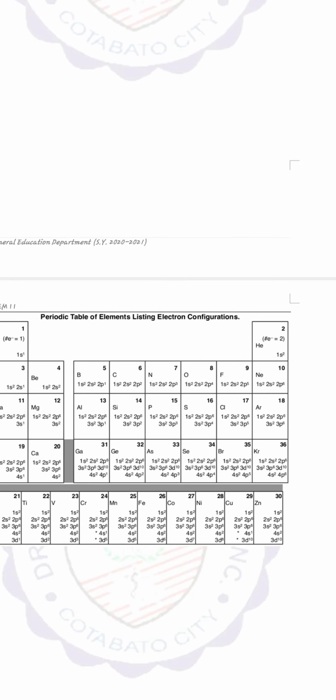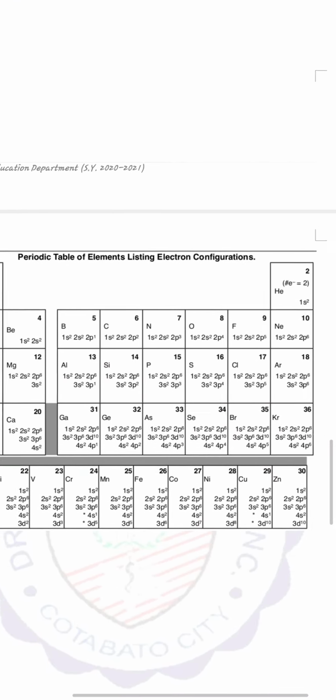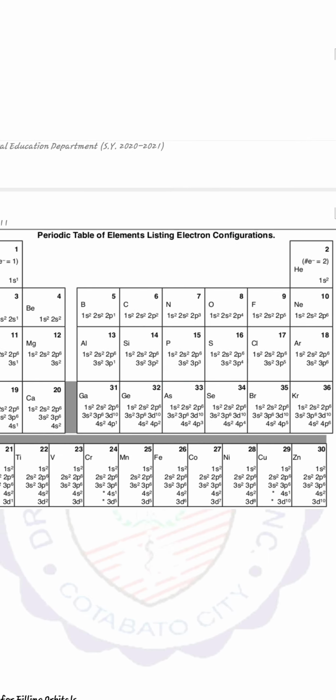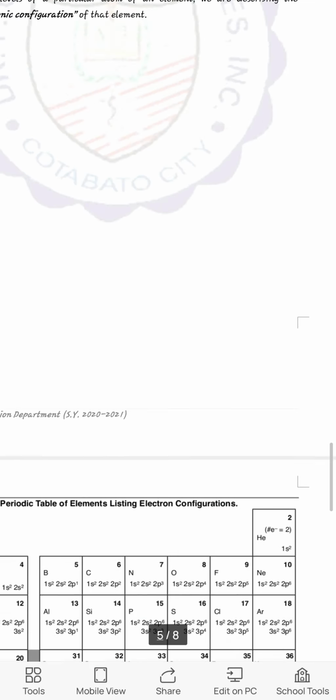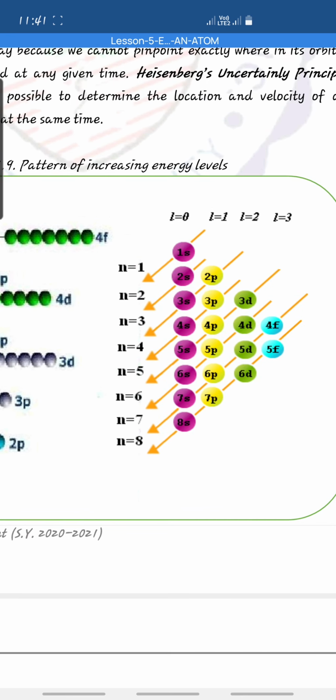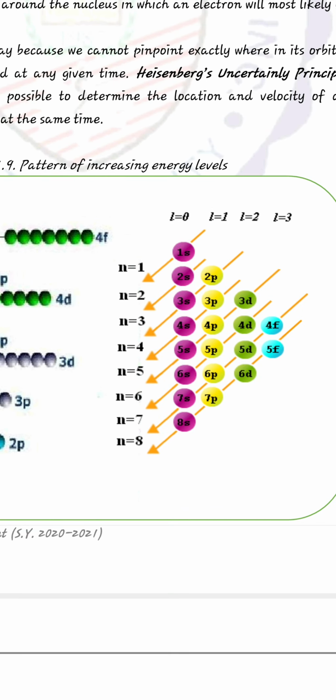Another example. Let's have argon. Malaki-laki na si argon. The atomic number of argon is 18. So now let's take a look at the pattern. It started also with 1s2, meron ka ng 2 electrons, 2s2, another 2 electrons, so it makes 4.